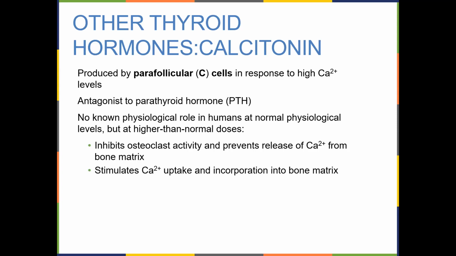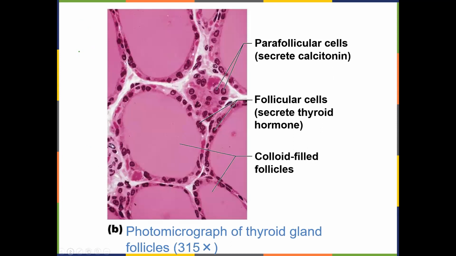The other hormone that it produces is calcitonin. Now, the parafollicular cells, remember the parafollicular cells? We go back, we can see it here. The parafollicular cells are these cells here. Now, this is a follicle. This is a round follicle. These are the follicle cells that surround it. The follicle cells produce the thyroglobulin and combine that with the iodine to make thyroid hormone, which gets stored as colloid in those follicles.